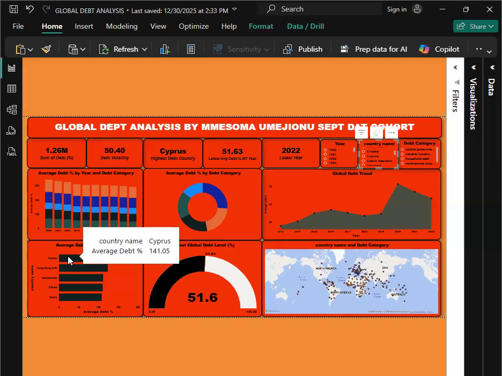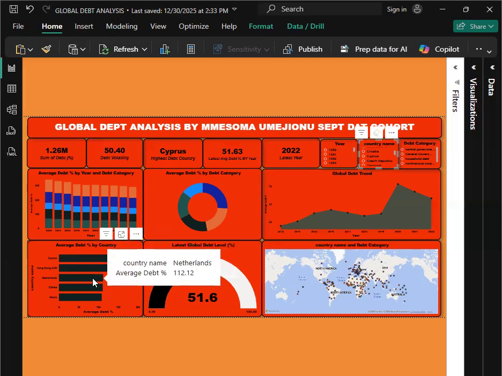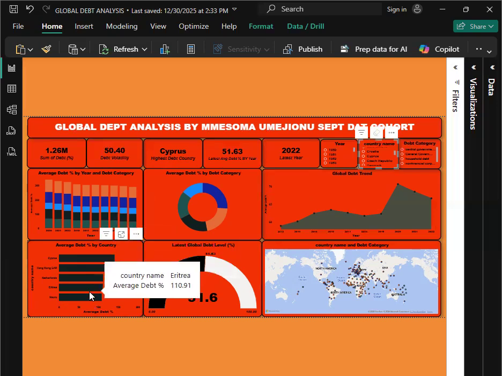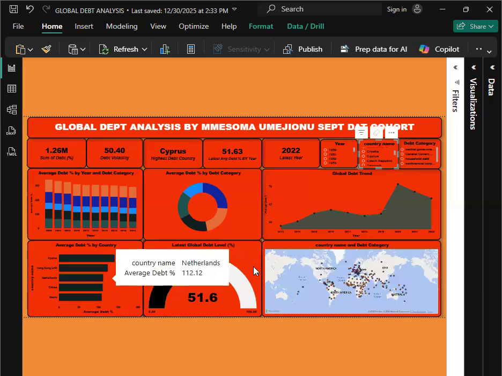We can see that Cyprus is the highest, with average debt level of 141.05, which is followed by Hong Kong and the Netherlands, China, and Norway. This highlights that both developed economies and financial hubs carry high debt burden, not just emerging markets.